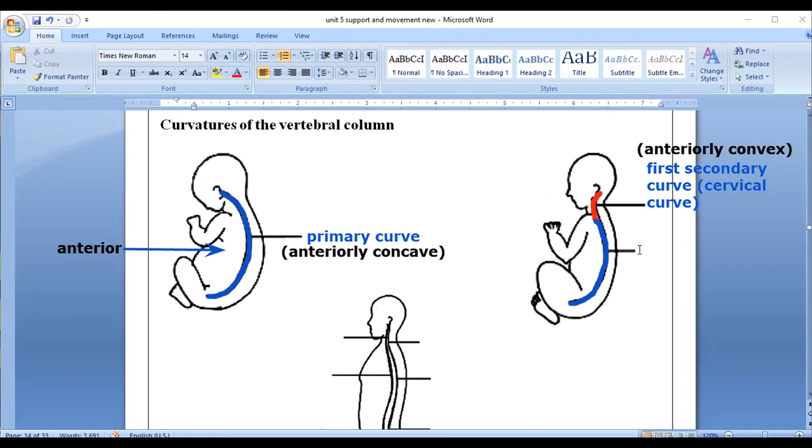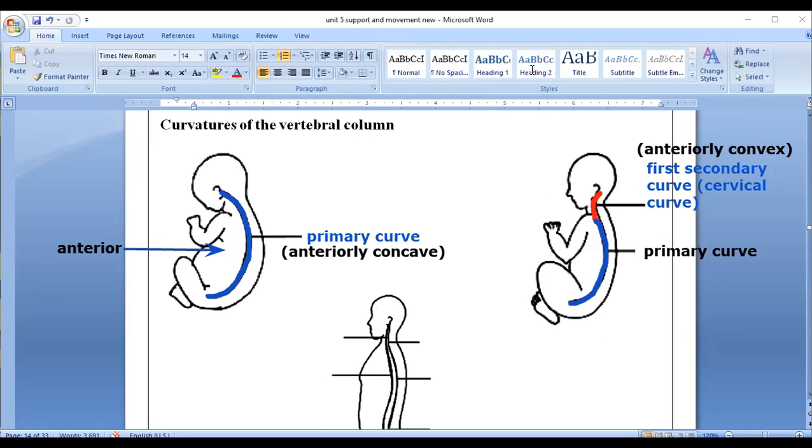What is written for this? Primary curve. Why are you referring to that one as the primary curve? It is still anteriorly concave. Correct? Yes, sir. Good. So these things you have to mark in the tute after you take the printout of it.